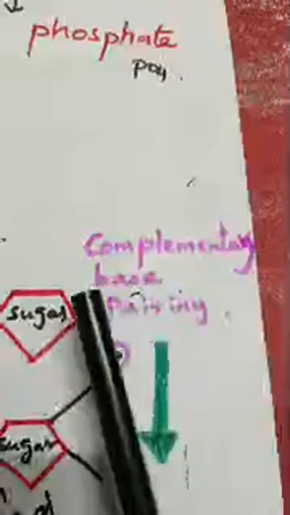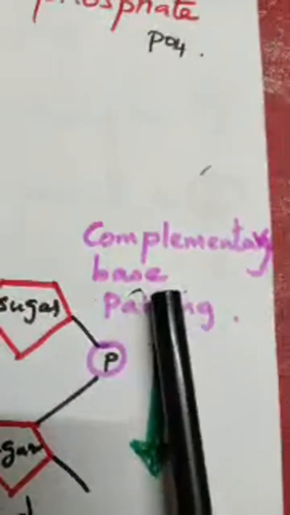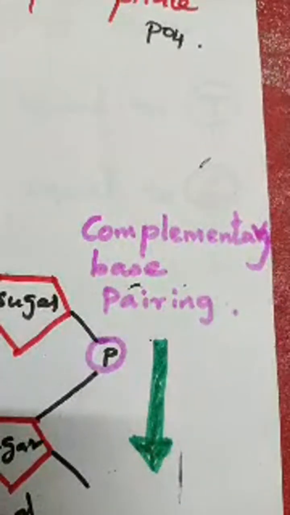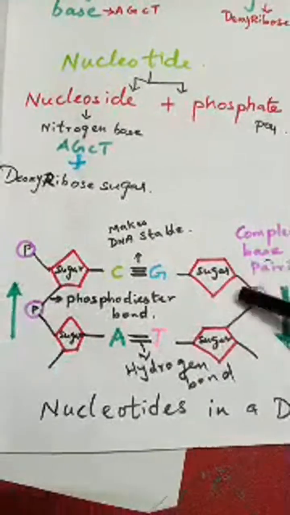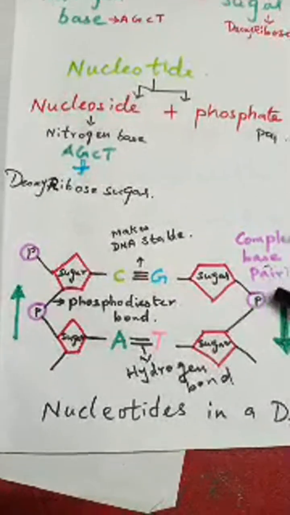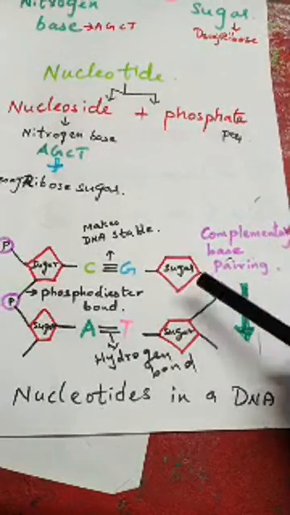This base pairing, adenine with thymine and guanine with cytosine, is known as complementary base pairing. Understood? So in the DNA molecule, there will always be complementary base pairing. Is that clear? So this is another point proposed by Watson and Crick.